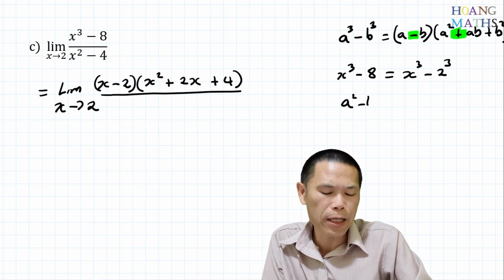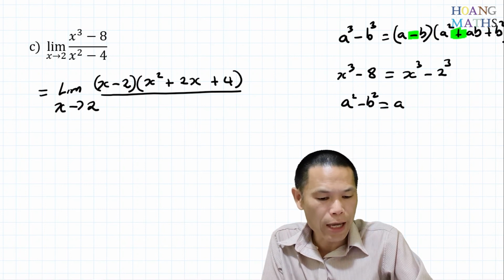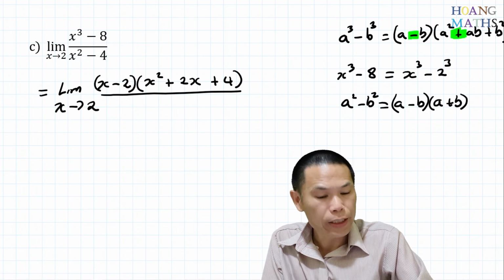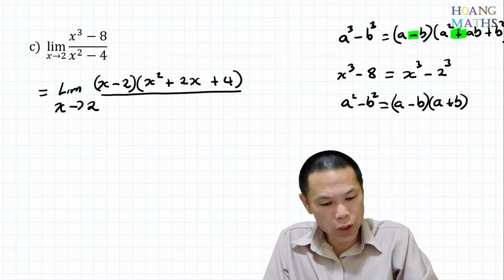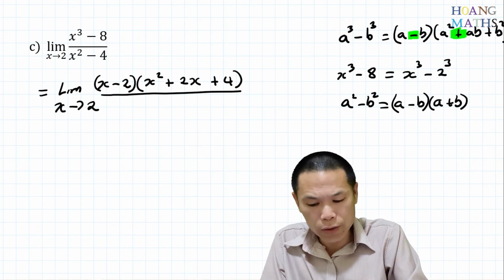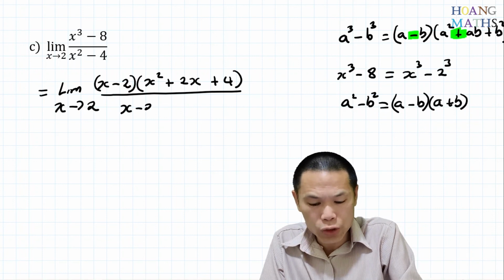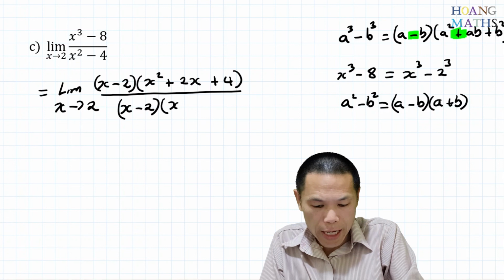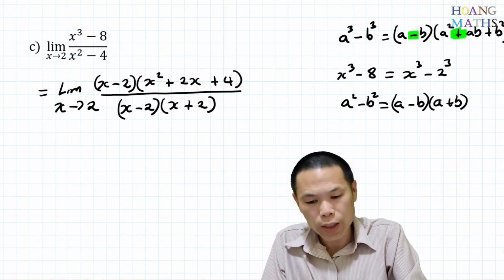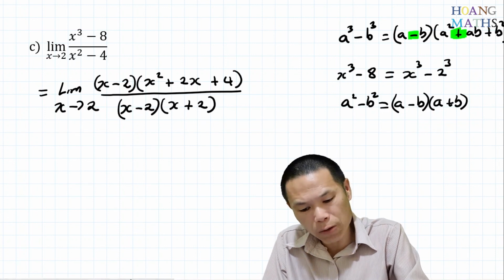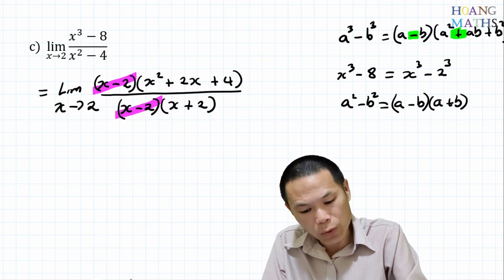Again, a squared minus b squared is equal to a minus b and a plus b. Just remember that. So 2 squared is 4, so that means x minus 2, x plus 2. And we just simplify this out. So this one is gone with this.